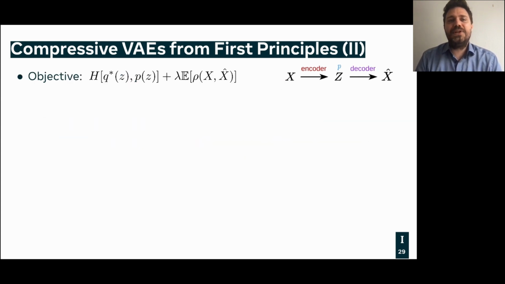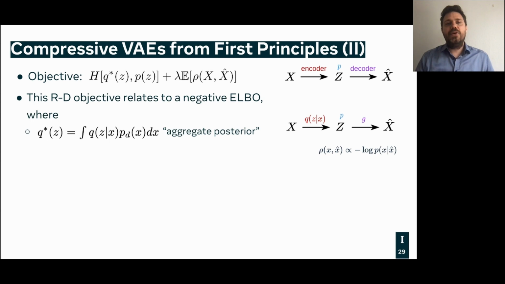But we can make this connection even more precise. And to this end, let's assume that the encoder is a conditional distribution, Q of z given x. And let's, for now, consider the decoder D to be deterministic. In this case, Q star is the so-called aggregate posterior, which expresses the distribution of the encoded data in latent space. We can furthermore interpret our entropy model P of z as a Bayesian prior.